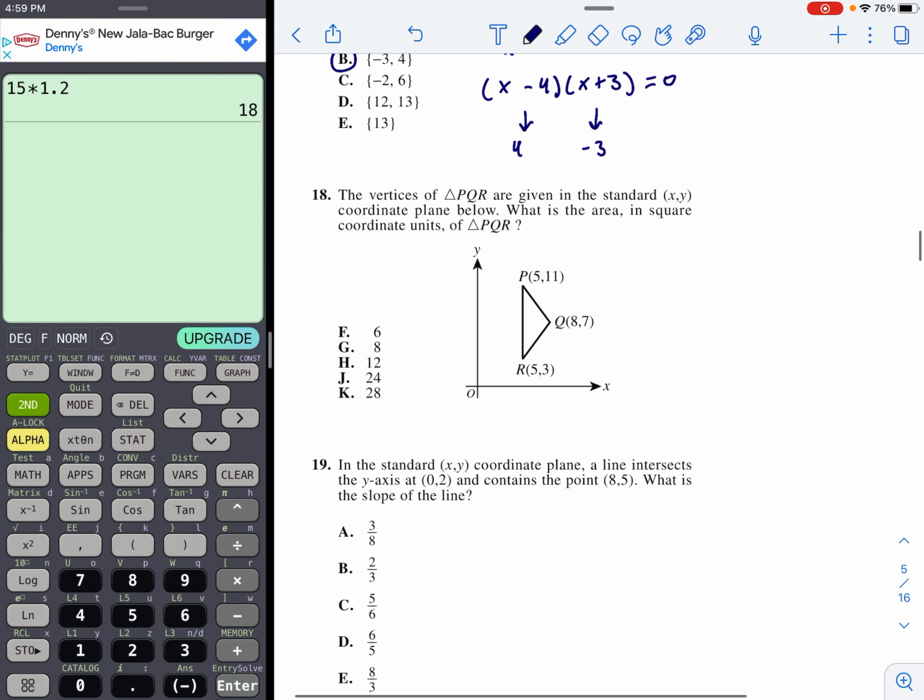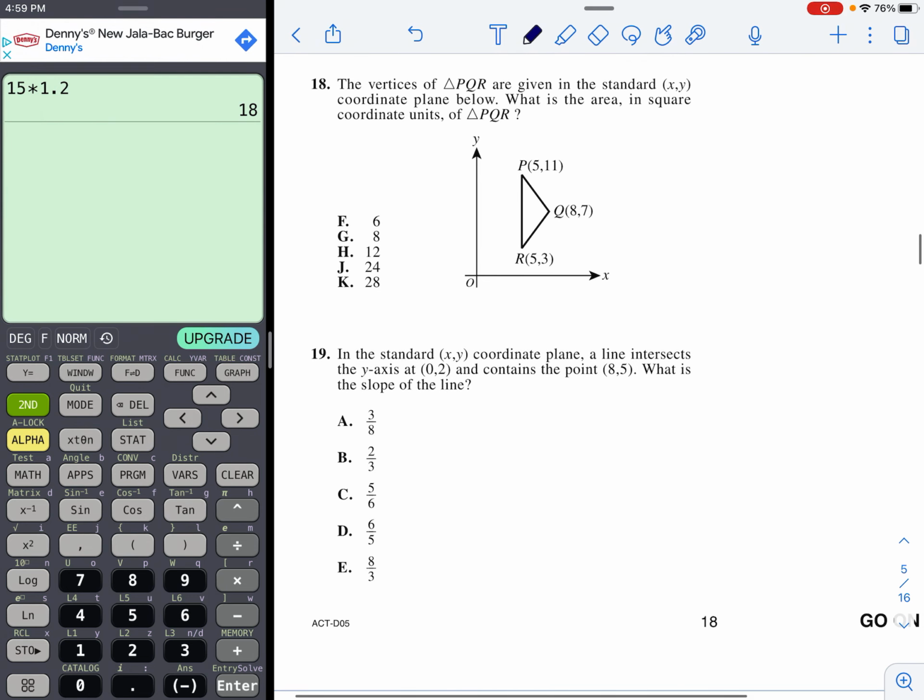Question 18. The vertices of triangle PQR are given in the standard xy plane. What is the area of this triangle? Well, the area of a triangle is 1/2 times the base times the height. So if I can figure those things out, I'm golden. This could be considered the base here. I know it's a straight vertical line because the x coordinates are the same, and the distance from 3 to 11 gives a base length of 8.